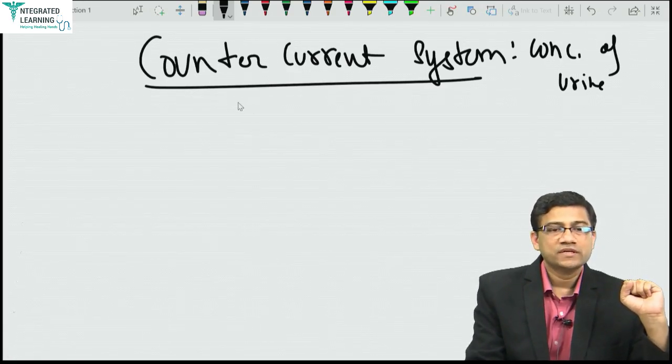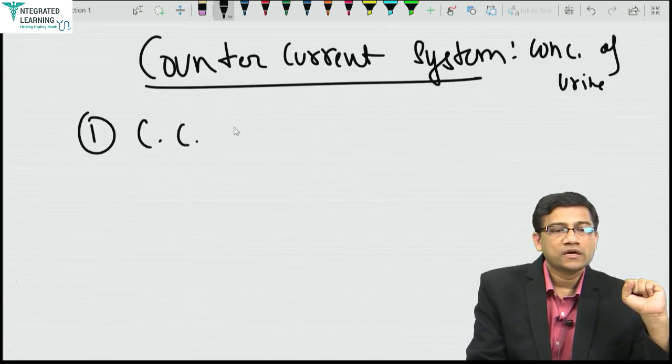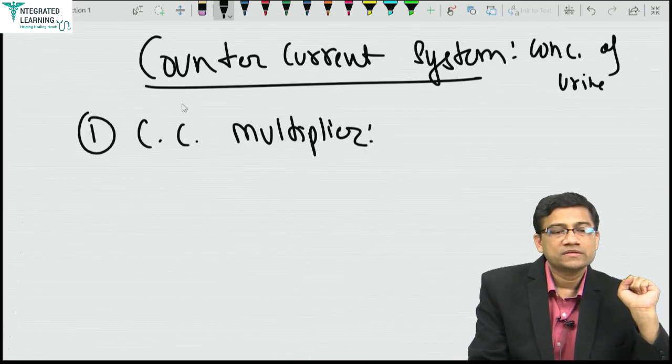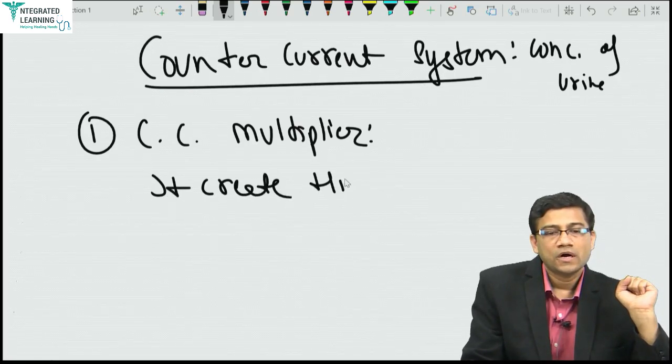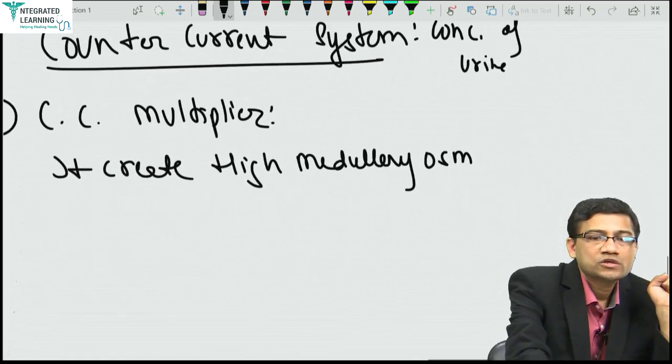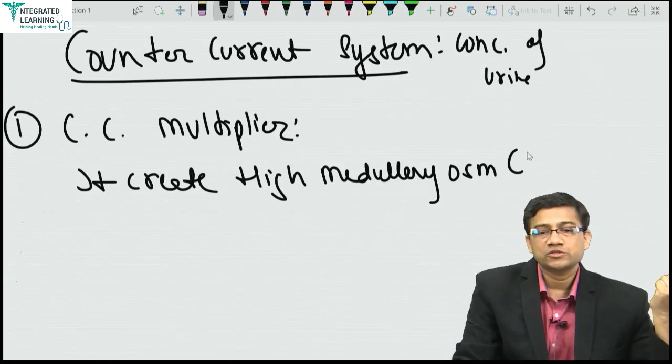How? First, it is the counter current multiplier. What does the counter current multiplier do? It creates high medullary osmolality. How much? 1200.